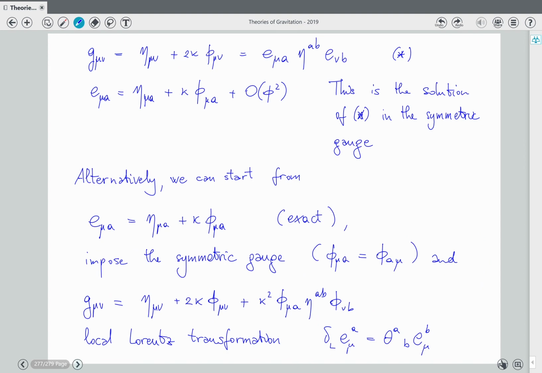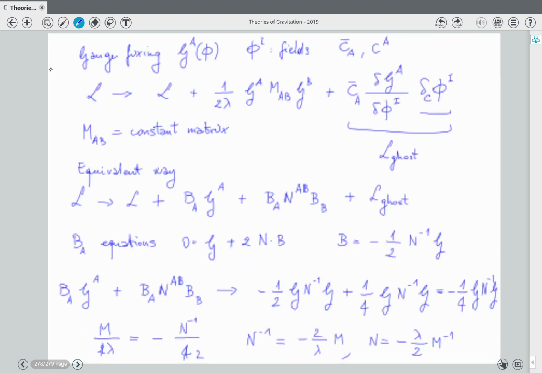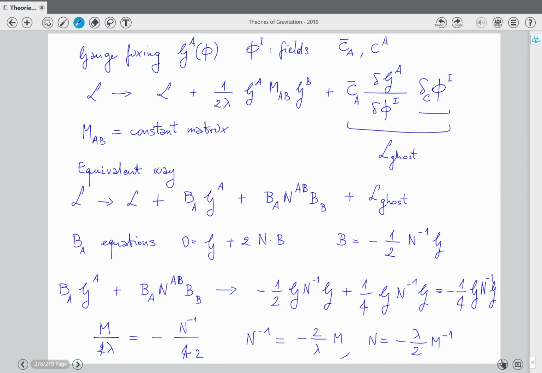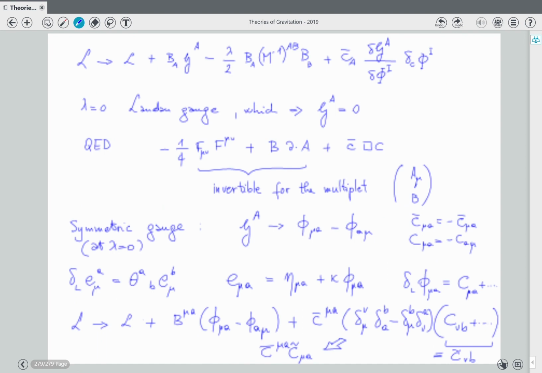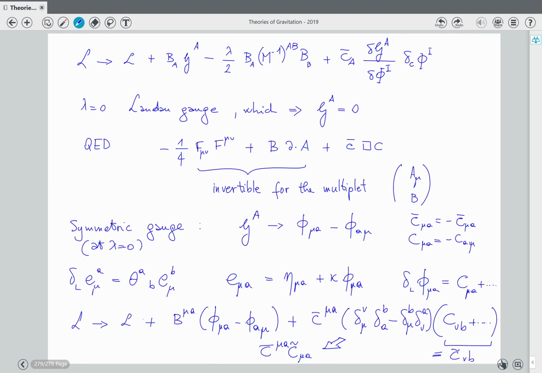And that makes the synchronous gauge not particularly useful, but I have to mention it because it will come back when we talk about the positivity of the energy of the gravitational field, which is a very delicate subject.